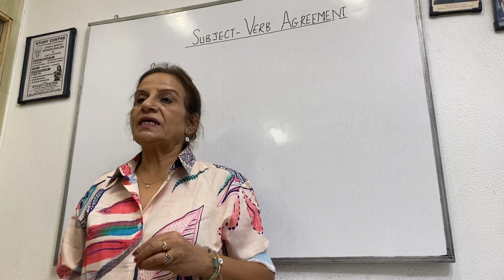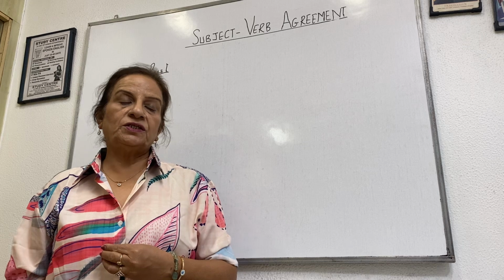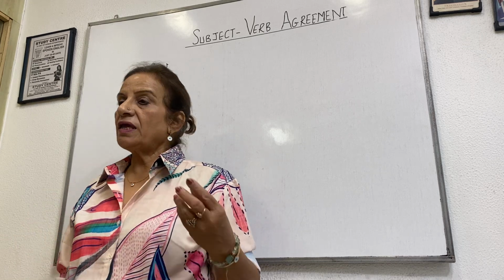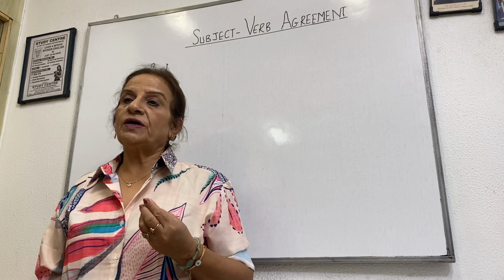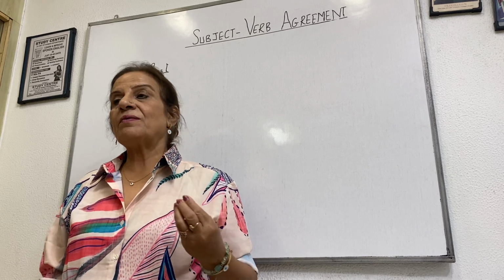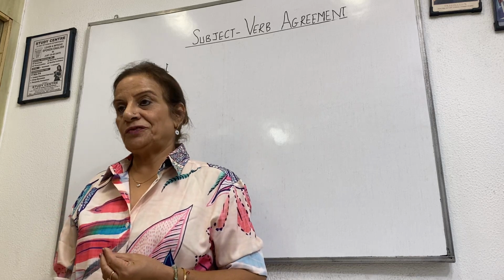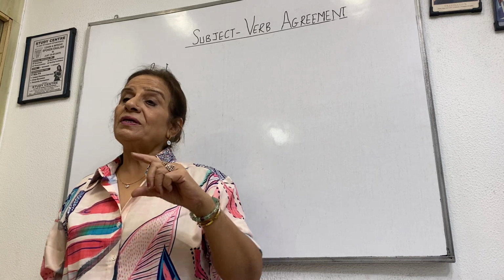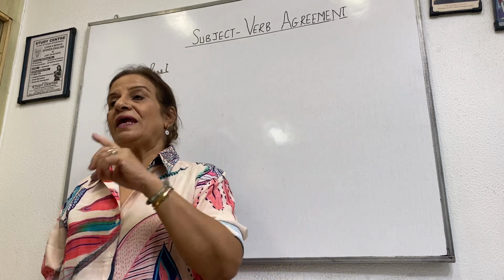For example, I say I. Can I say I is a teacher? I is the subject, so I have to use the verb am. I am a teacher. I can't say I is a teacher. So am is agreeing with I. He is late.